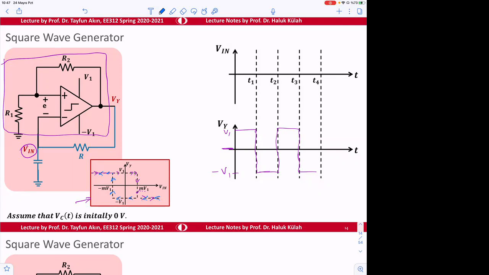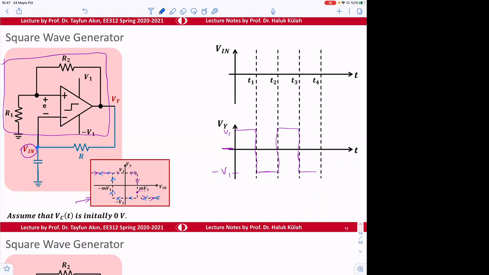So here, the best way for analyzing this kind of circuit is to assume that the capacitor is discharged initially. If the capacitor is discharged initially, the voltage here is going to be 0 volt, right?